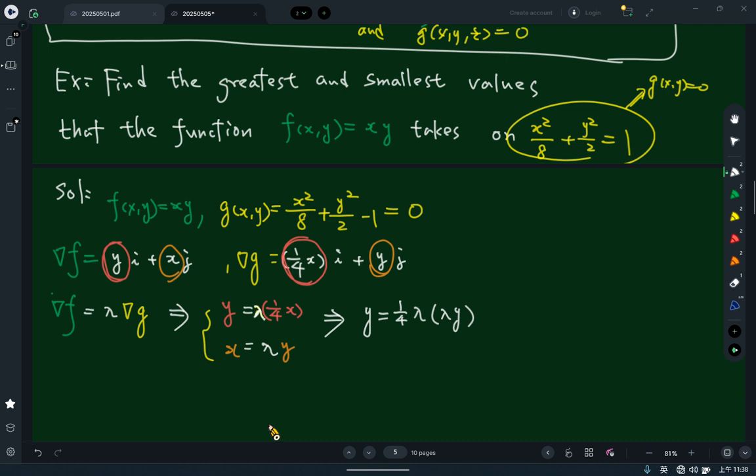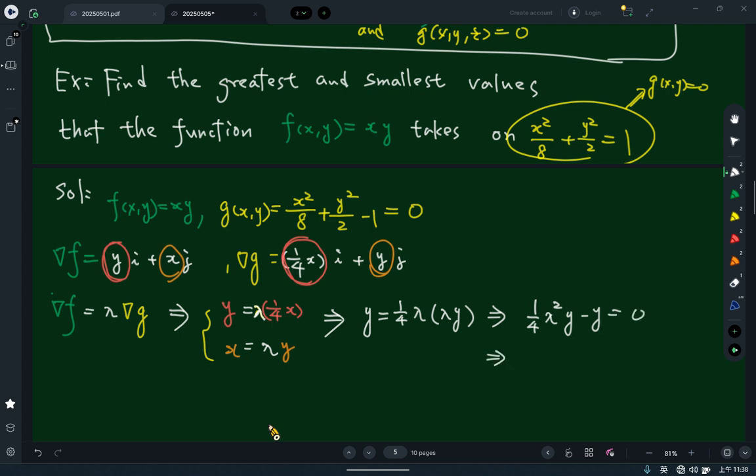Originally, there are three variables, x, y, and lambda. But right now, through this conversion, we can get y is equal to this one, that we can continue to get 1 over 4 lambda square y minus y is equal to 0.